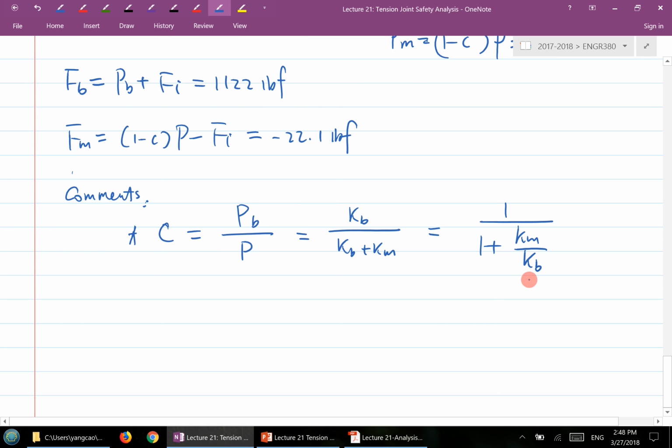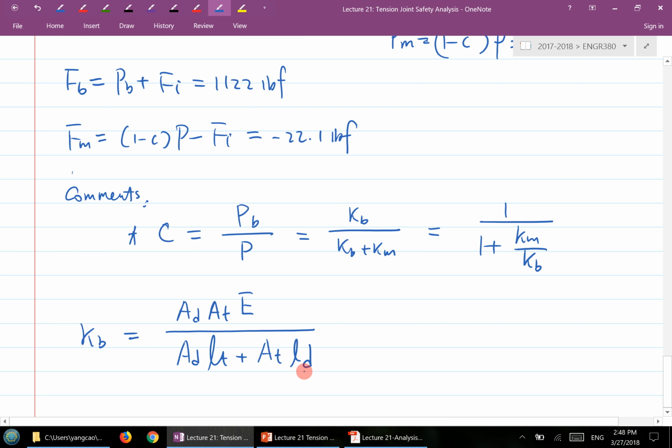So let's look at this expression. Kb is the bolt stiffness, and the bolt stiffness formula from the previous lecture is Ad At times E, divided by Ad times Lt plus At times Ld.